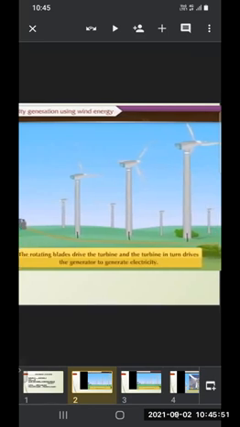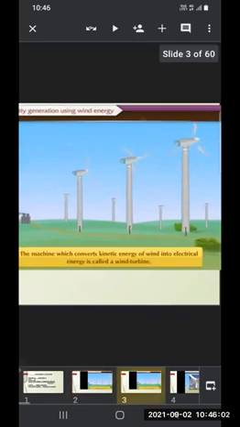See the rotating blades like fans, and the turbine in turn drives the generator to generate electricity. The machine which converts kinetic energy of wind into electrical energy is called a wind turbine.